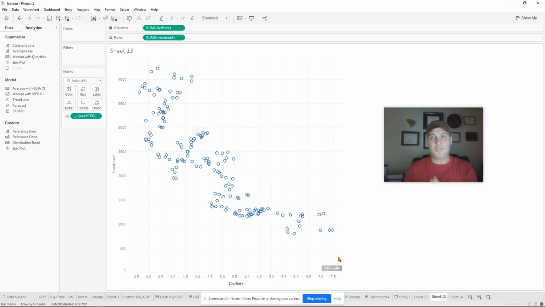This correlation is driven spuriously by the fact that time itself has been omitted in our correlation. So time is the omitted variable. Time itself is the spurious correlation.